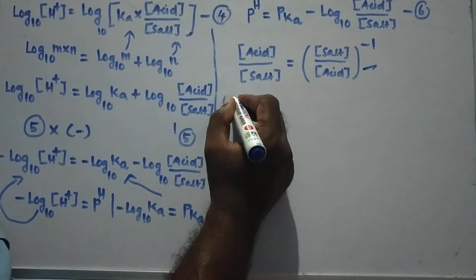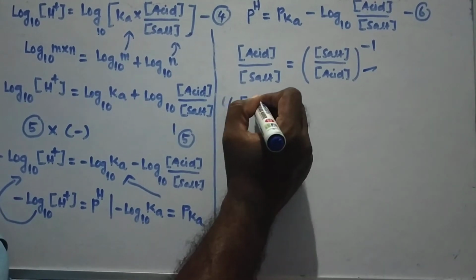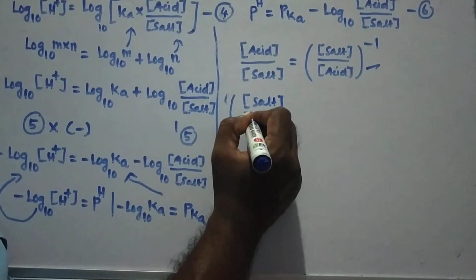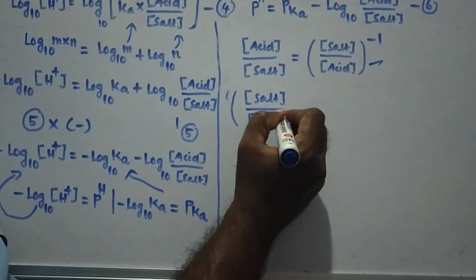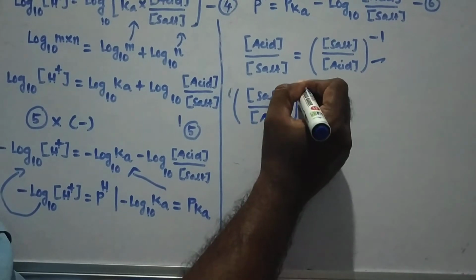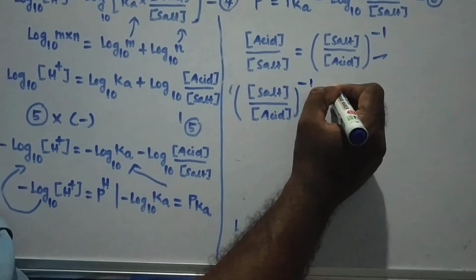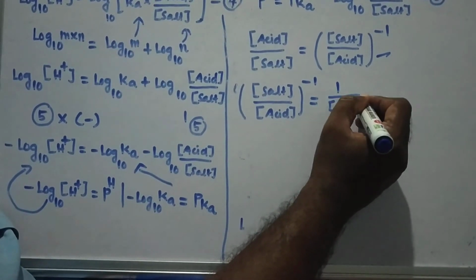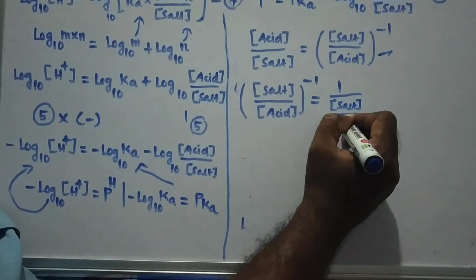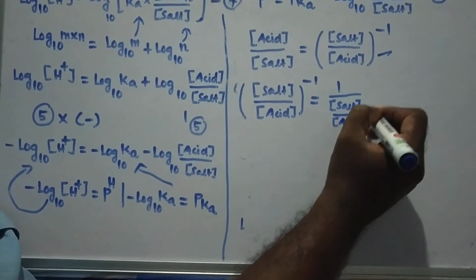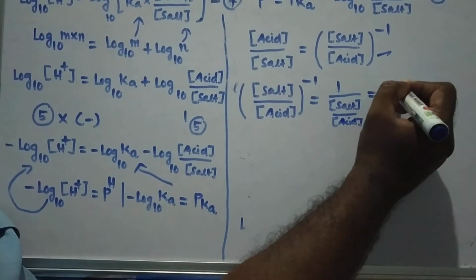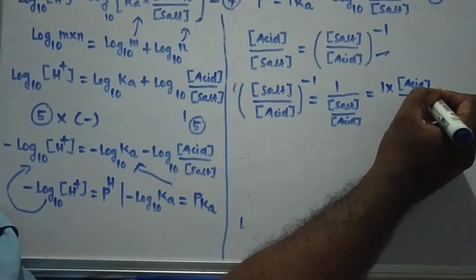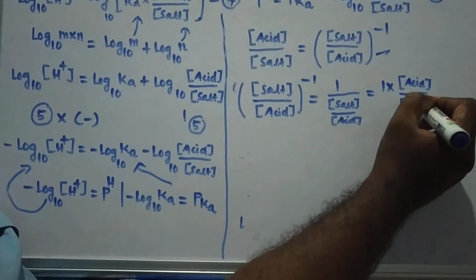Concentration of salt divided by concentration of the acid whole power minus 1 is equal to 1 by concentration of the salt divided by the concentration of the acid, then it is equal to 1 into the reverse multiplication, concentration of the acid and concentration of the salt.